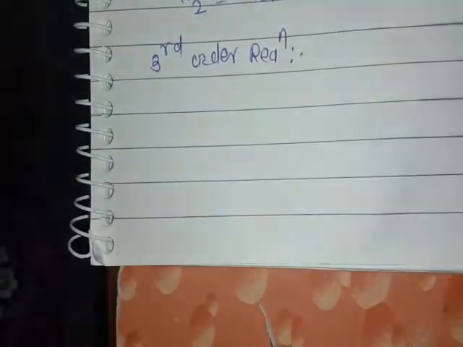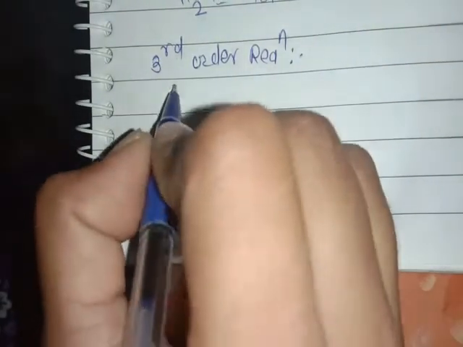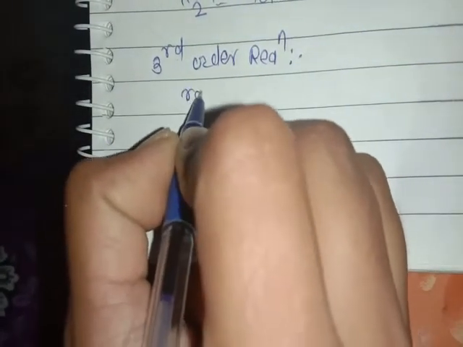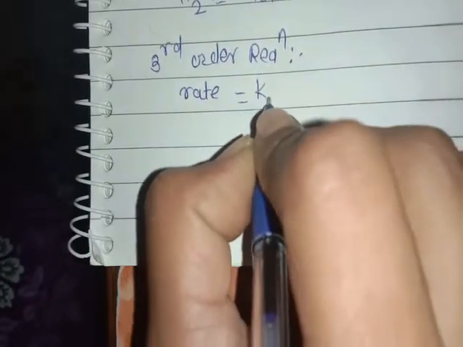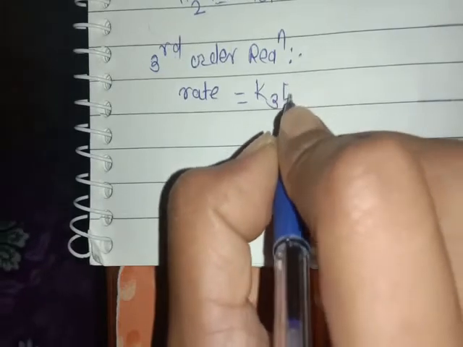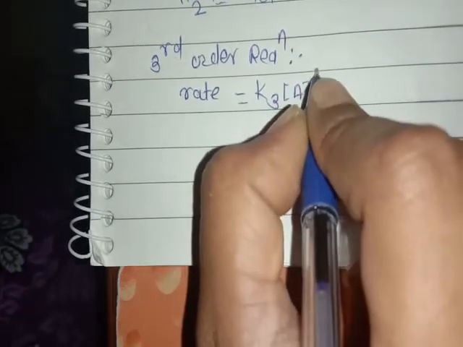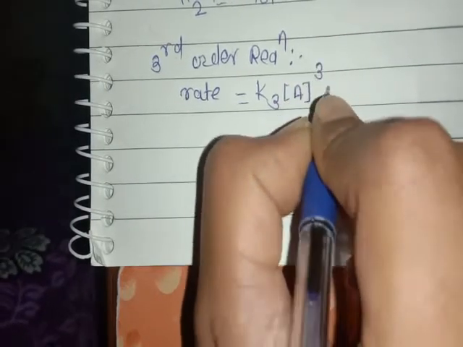In the same way you have to find out the rate constant for a third order reaction. So think about how to get the rate constant unit. Rate is equal to, again what you have to write here, K3 into concentration of A raised to the power 3.